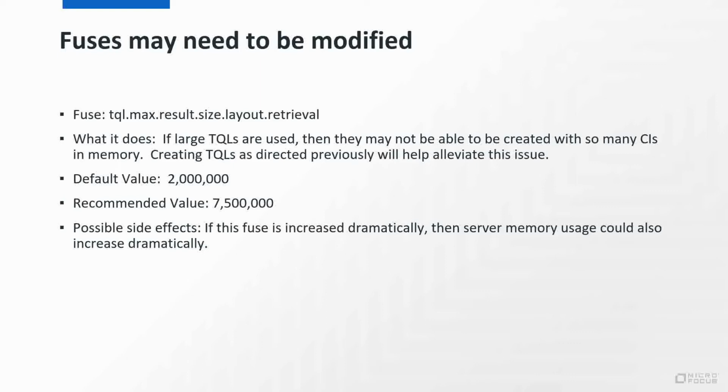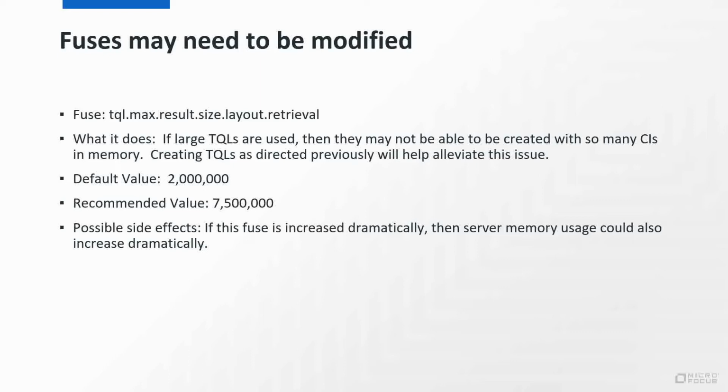But I will say that if you write the TQLs the way that I had suggested earlier, where we're pushing the node with the node layout, and then the second TQL is pushing maybe some elements that belong to that node as well, and those relationships, when you are pushing data in that manner, these fuses probably will not need to be modified.